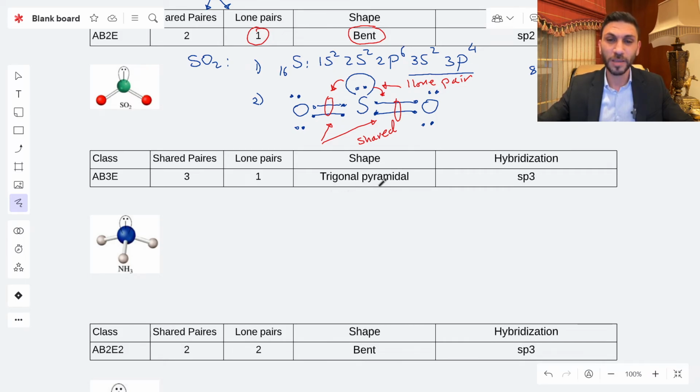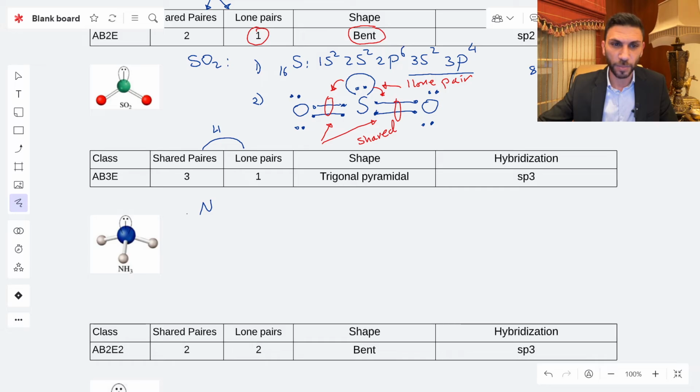It's called trigonal pyramidal, and the hybridization should be sp3. Let's check why it is sp3, because the total pairs are 4. So we need S, P, P, and P. That's sp3, the hybridization.